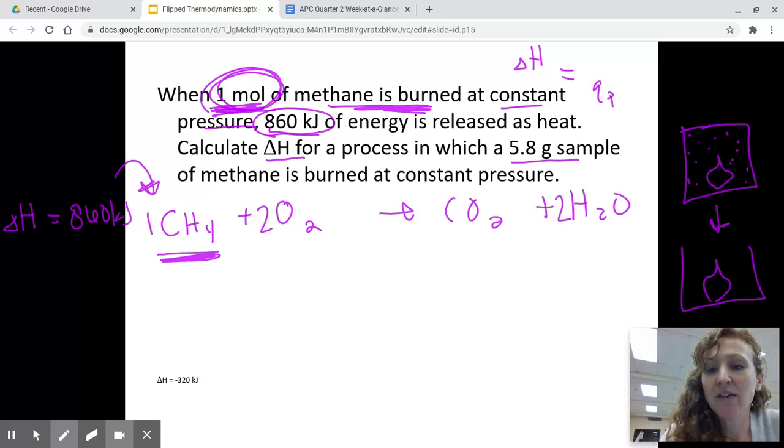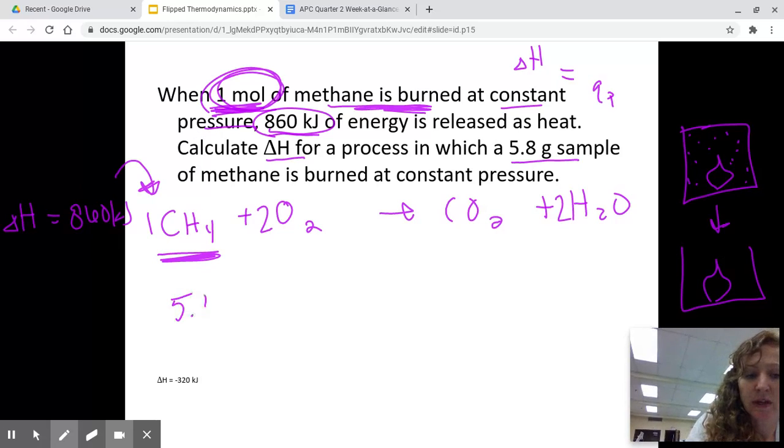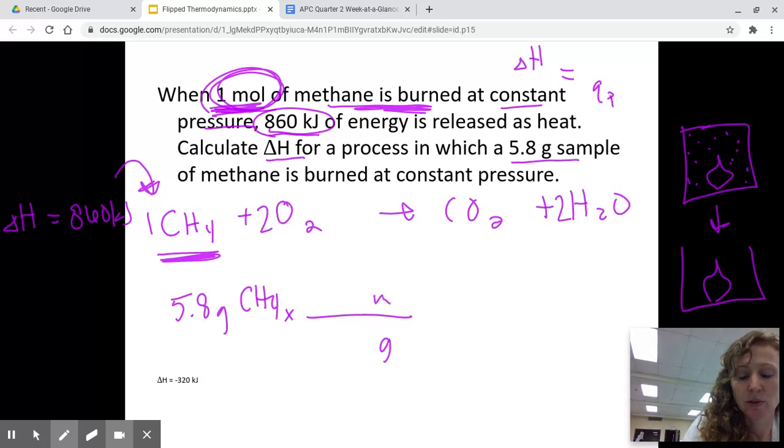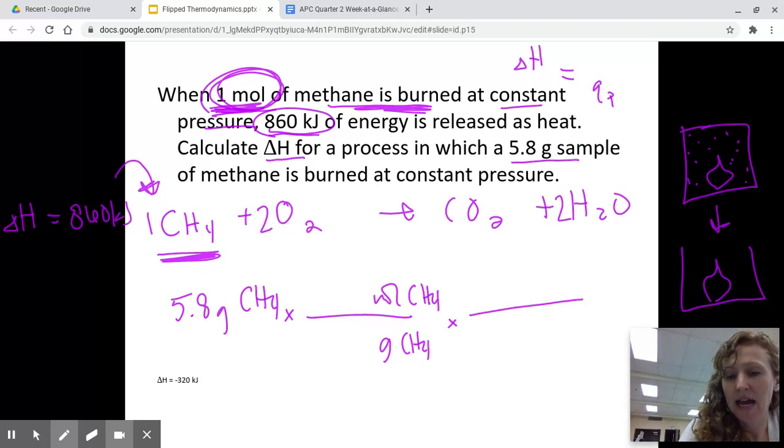Okay, so a 5.8 gram sample of methane is burned. What is delta H in this case? So 5.8 grams of methane. Now, we're not in grams, we are in moles. So we want to bring this from grams to moles of methane, and then we want to get it out of moles and into enthalpy.